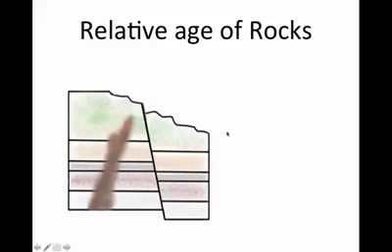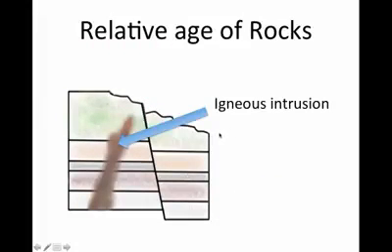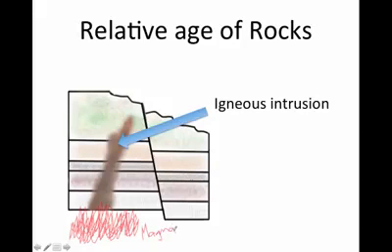Here what we have is an igneous intrusion into the same set of sedimentary layers. And remember that down in the earth you have a whole bunch of molten material, and if it's down there, it's called magma.